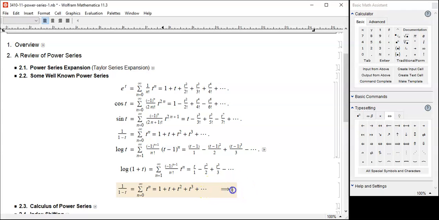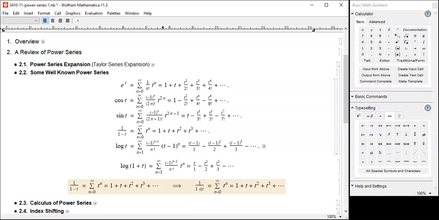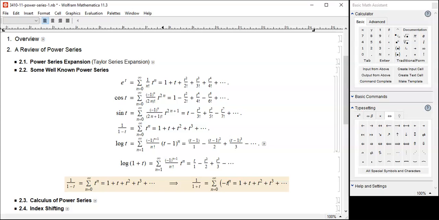So change this into plus. So I'll have to change this to negative t. So 1 minus t plus t squared minus t cubed, and so on. We can do it like this.